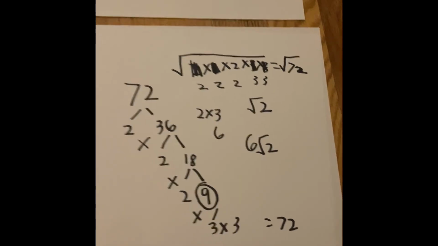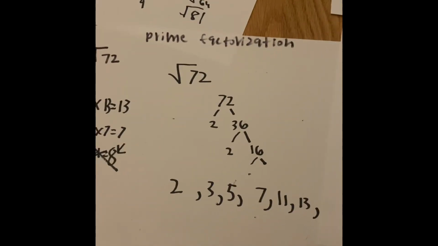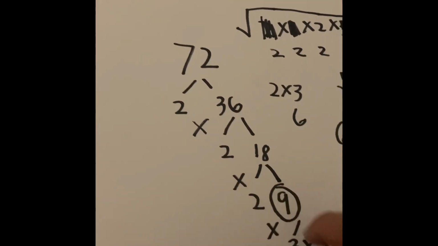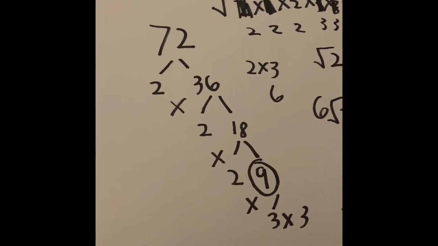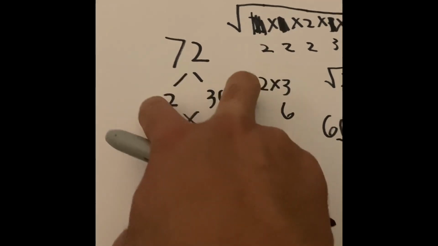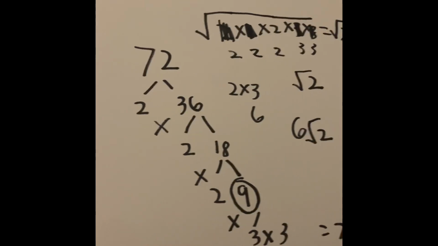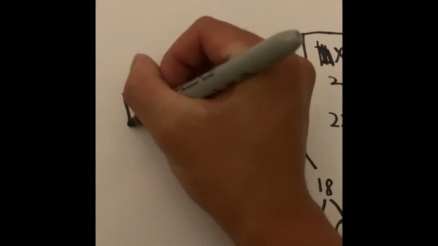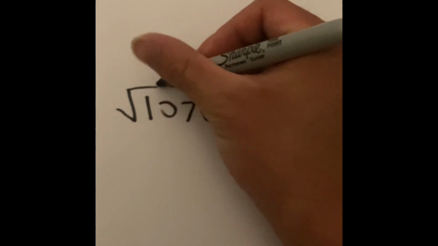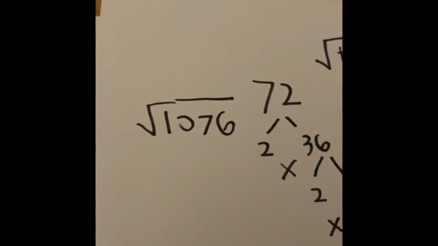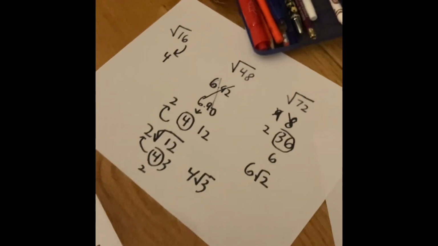Also, it's helpful when you know the prime numbers, because that's called prime factorization. 2 was a good number because it is the smallest prime number that we can use, easily multiplied into a whole number like 72. It's also helpful when you have big numbers, like finding the square root of 1076. Wow, that is going to be hard to do when you just come up with factors that look like these.